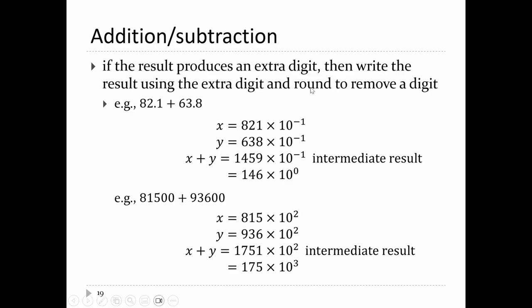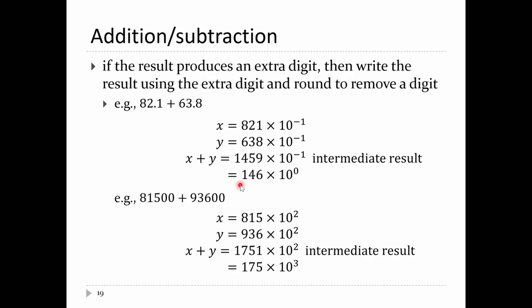So you take the sum, and you end up with 4 digits. The problem is, in our floating point format, we've only got 3, so I can't keep them all. And so we're going to say you round this value here, to the nearest second digit in this case. So this becomes 1460 times 10 to the minus 1, which you can write properly using 3 digits as 146 times 10 to the 0.